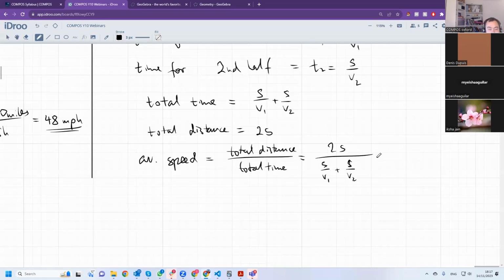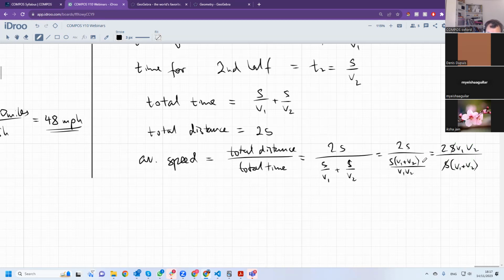Okay. And in this case, we find the common denominator here. It's V1 V2. And S times V1 plus V2, which is 2S V1 V2 divided by S times V1 plus V2.